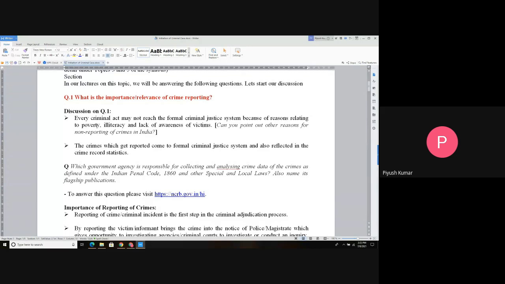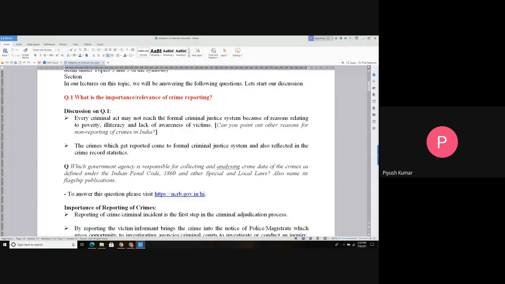Now the problem is, before discussing the importance, let's look at an interesting thing, that every criminal act may not reach the formal criminal justice system. Every criminal act may not reach the formal criminal justice system because of numerous reasons, be it poverty, illiteracy, lack of awareness of victims, or some other reasons.